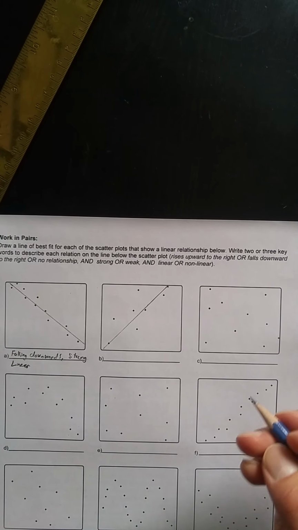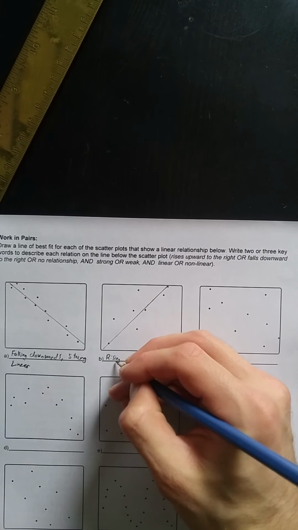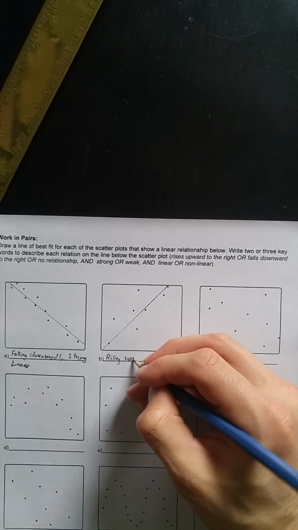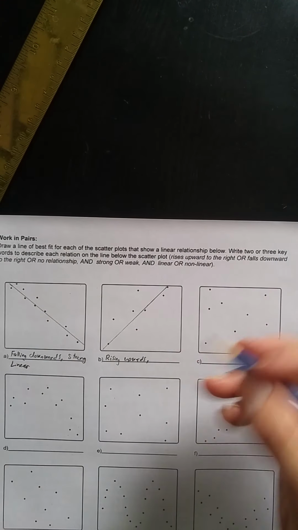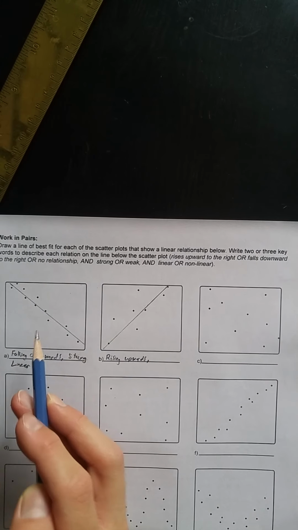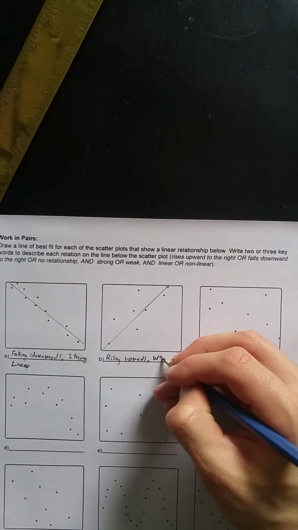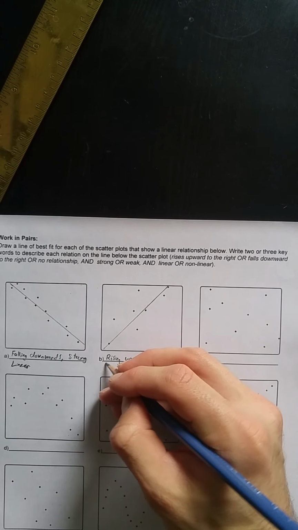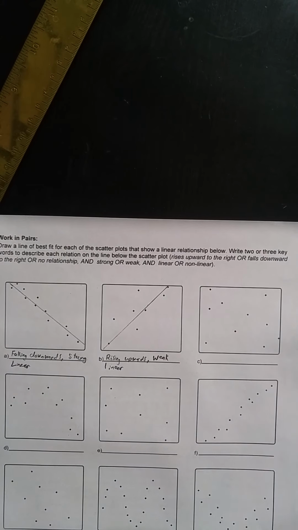So it's rising upwards. Weak relationship, right? These dots are very close together in our first one. These ones are more spread out, but it's still a linear relationship. We'll say a weak relationship. We'll say linear.